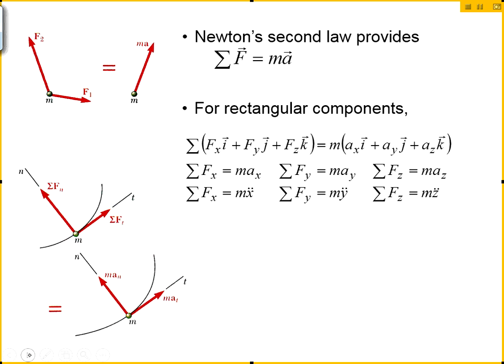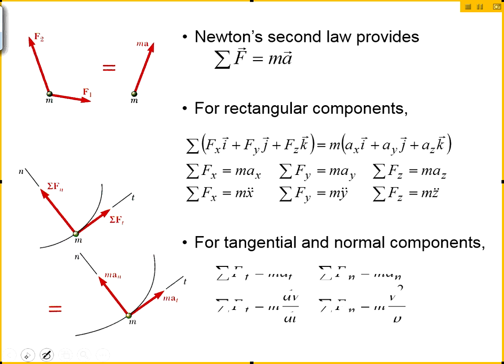In normal and tangential, your acceleration is resolved into its 2 components, tangential and normal. Therefore, you'll have 2 independent equations. So the equations would be what? Summation of forces in the tangential direction equals mass times tangential acceleration. Summation of forces normal equals mass times normal acceleration.